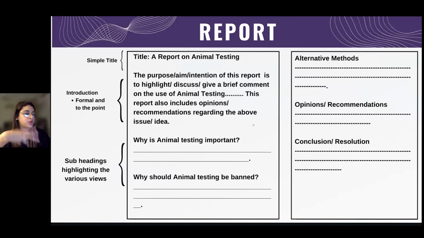This report also includes opinions, recommendations regarding the above issue. I'll give subheadings, which will highlight the idea of the information that I share, followed by my opinions and conclusion. So the information that I divide within this, the evaluation process remains the same. However, the format does change.